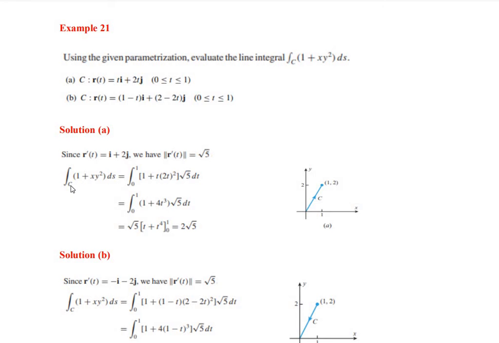Therefore integral over C of 1 plus x y square ds will be equal to, we know the formula, f of r of t, that is 1 plus t into 2t square, into norm of vector r dash of t, that is root 5, into dt, so that will give you 2 root 5.